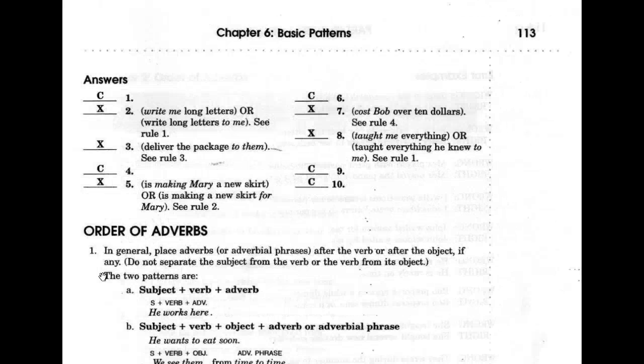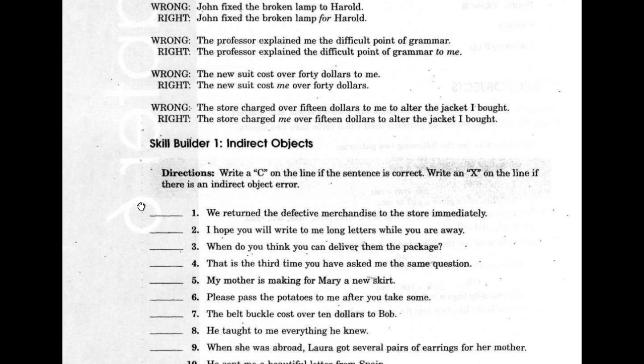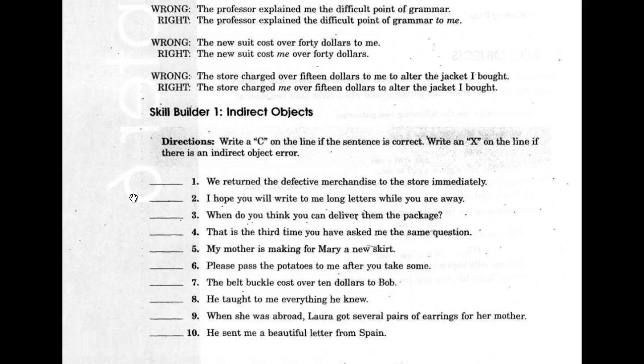Let's go back down again, and not that one yet. And then we have what I call skill builders. You're going to choose which one is correct and which one is not correct. If you have not come to the point where you understand them by the sound, refer back to the examples and instructions.